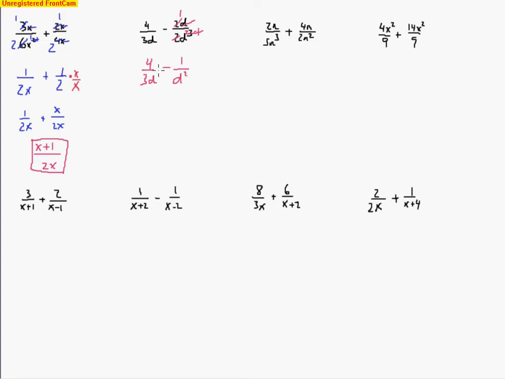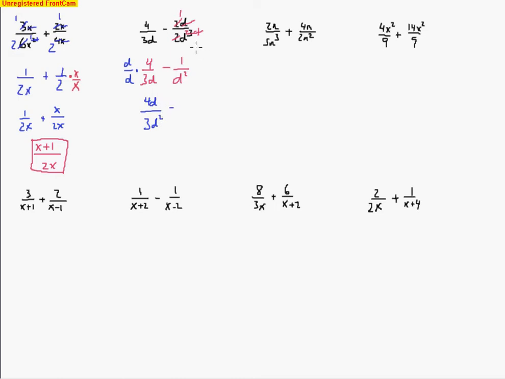Now we have to look at the denominators and see what each of them needs. So let's take a look at the first one here. This one has a 3 and 1d. This one has 2d's, so in order to make them have the same, this one on the left needs an extra d. So we'll multiply by d over d. Now we're left with 4d over 3d squared.